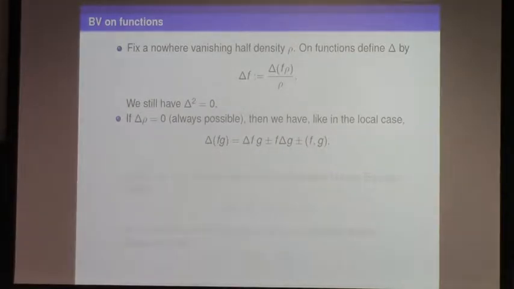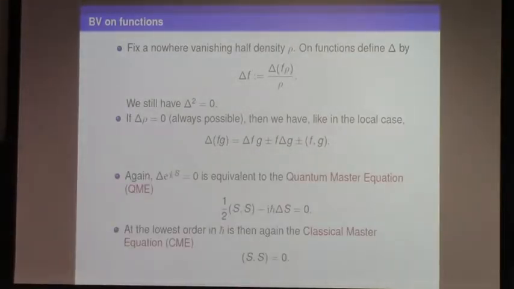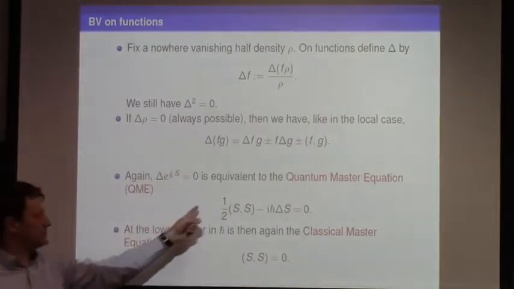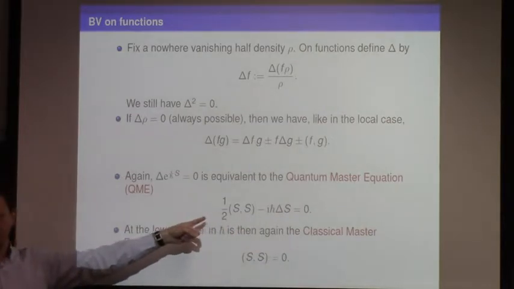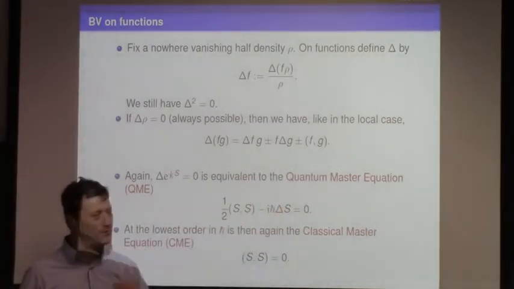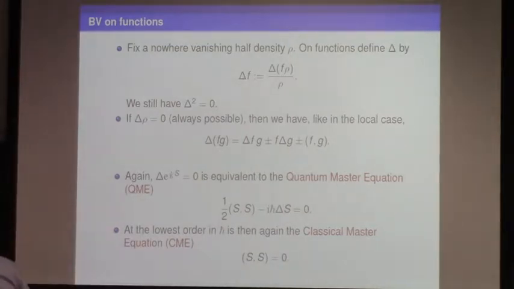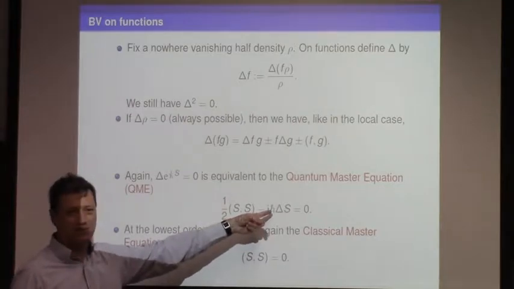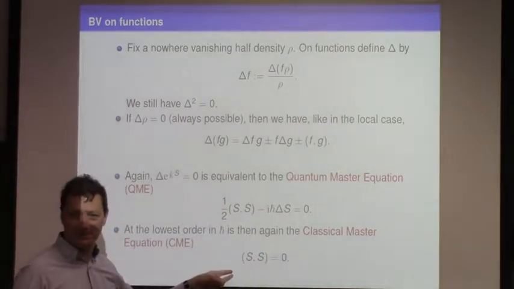And now the point is that requiring delta of the function exponential of S over h bar to be equal to 0 is equivalent to requiring S to satisfy this equation, where this is the odd Poisson bracket and this is delta applied to S. So this is called the quantum master equation, and it has a classical limit where you set h bar to 0, which is the classical master equation.